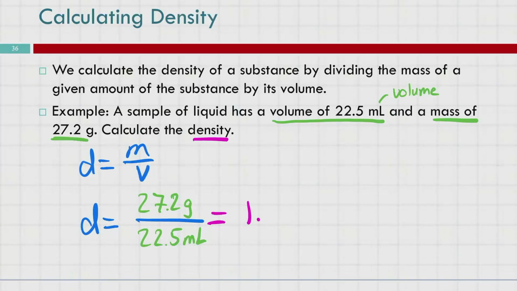We get out 1.208, and it looks like that 8 repeats on forever. And our units, the grams, the milliliters, those come through as grams over milliliters, or grams per milliliter. So at this point in the class, this is what we would provide as our answer for the density of this liquid. So relatively dense liquid.